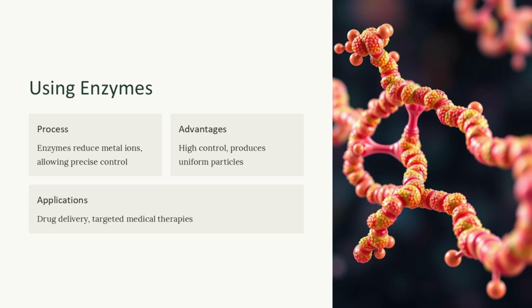For example, an enzyme like nitrate reductase can help in making silver nanoparticles by reducing silver ions. The advantage of using enzymes is that they are very specific, meaning they can make nanoparticles with controlled sizes and shapes. This is useful in fields like medicine, where exact particle size and shape can make a big difference in how a drug works in the body.